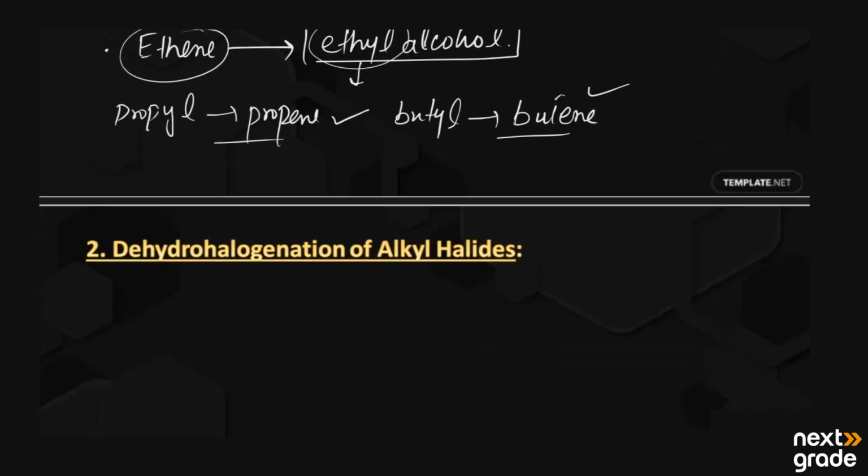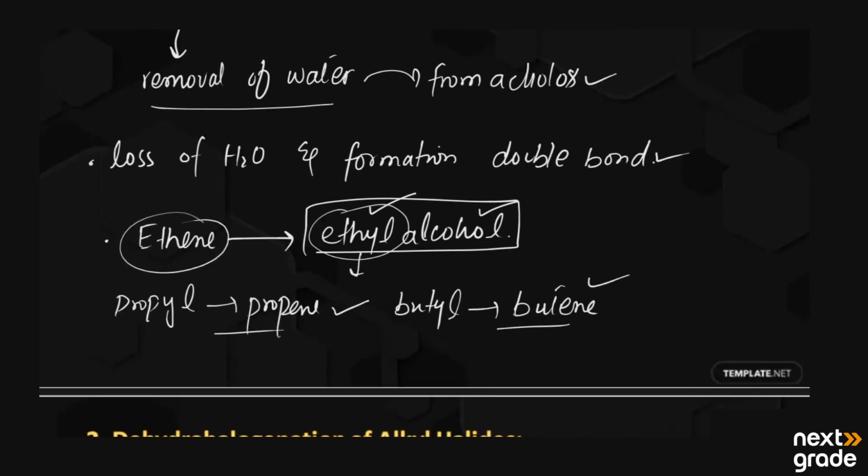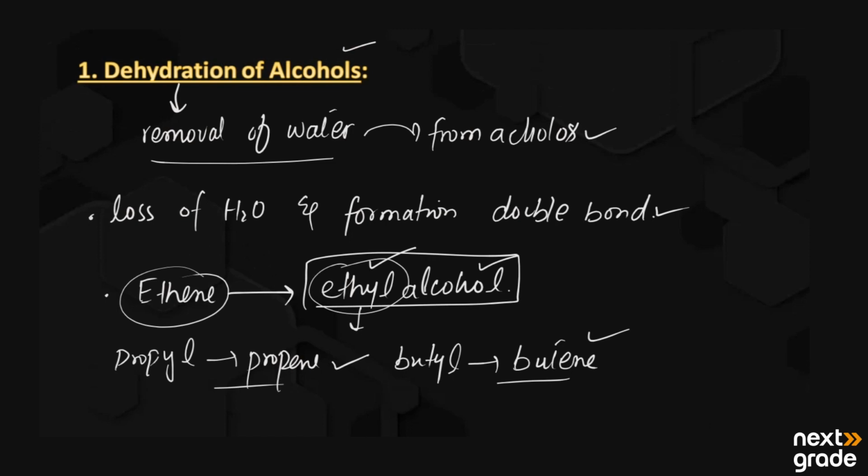Let's have a look at the reaction for the dehydrohalogenation of the alkyl halides. But before that, we must look at the reaction for dehydration of alcohols. We have a simple alcohol with two carbon atoms, ethyl alcohol, CH3CH2OH, having a hydroxyl group.